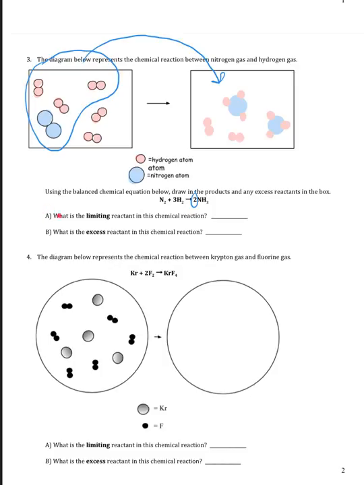So question 3A says, what is the limiting reactant in this chemical reaction? Well, the reactant that limited how many products I could make and the reactant that ran out first is nitrogen, N2.